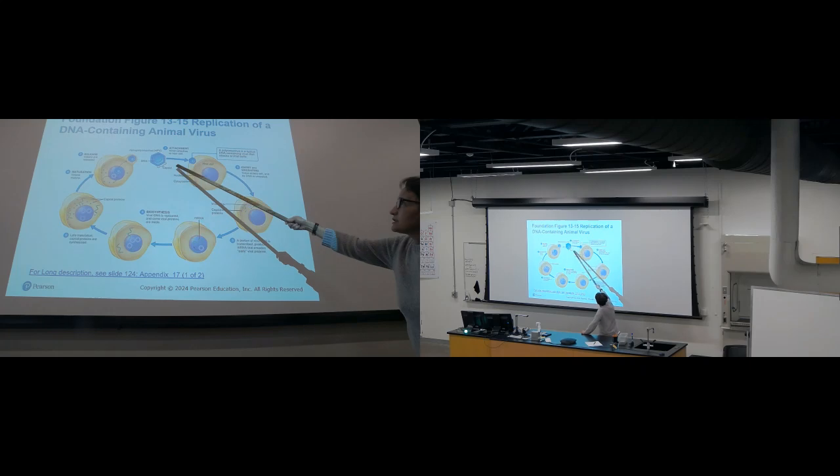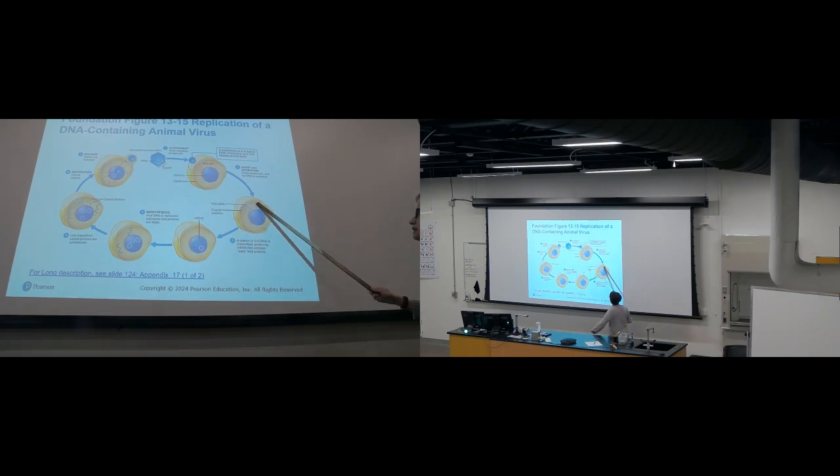So then all of these capsid proteins are released, so you have this viral DNA. The viral DNA will be transcribed into messenger RNA to encode early viral proteins, which is basically proteins that can be used to make some of these viral proteins.